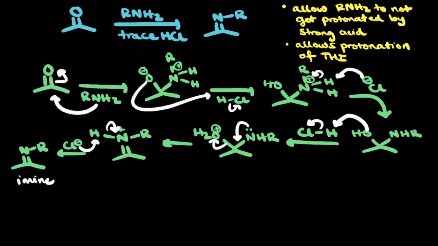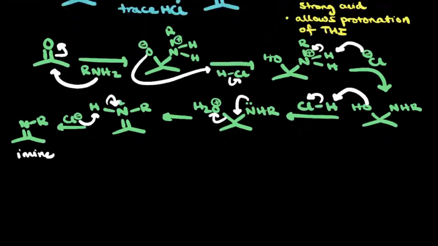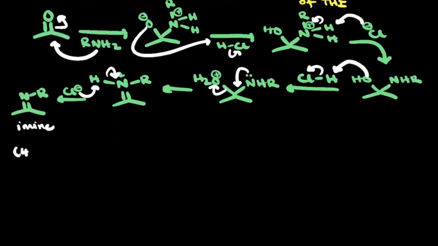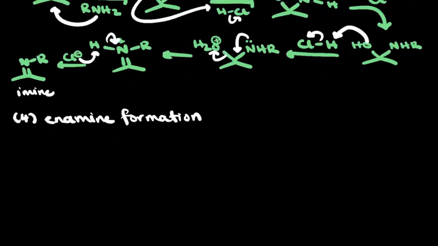Our enamine formation. So enamine is a different functional group, but the mechanism is virtually the same except for the very last step. Okay, so for that enamine formation, you start off with a ketone or aldehyde, but now instead of using a primary amine, you're going to be using a secondary amine.